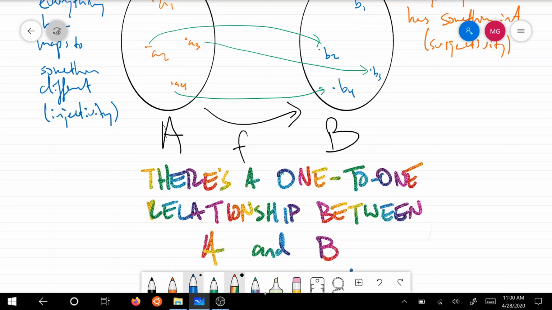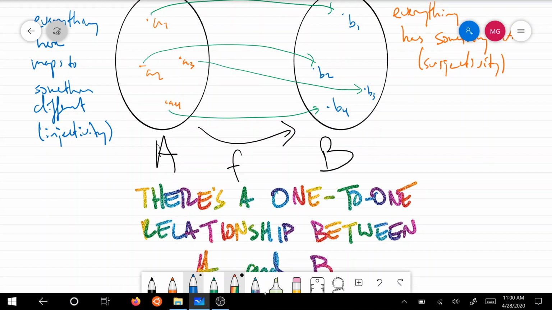And we'll use this idea to realize that A and B in some sense have to be sets of equal size.